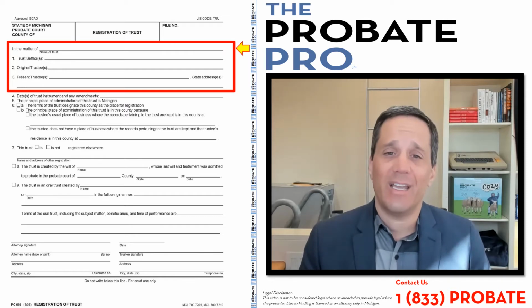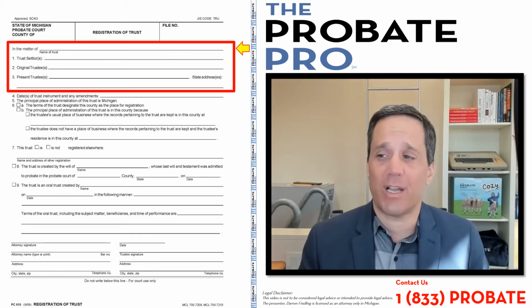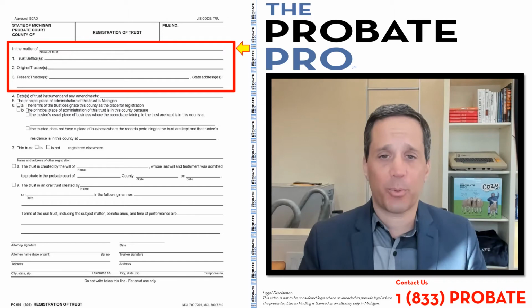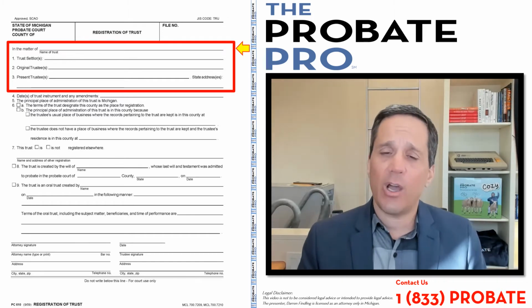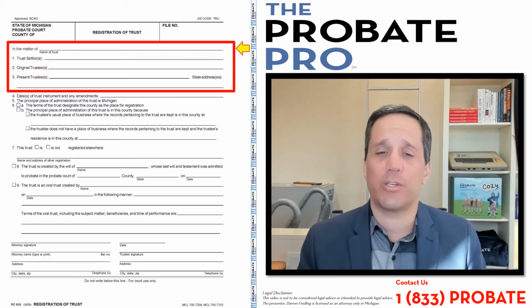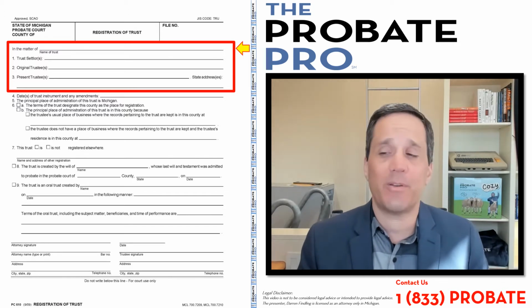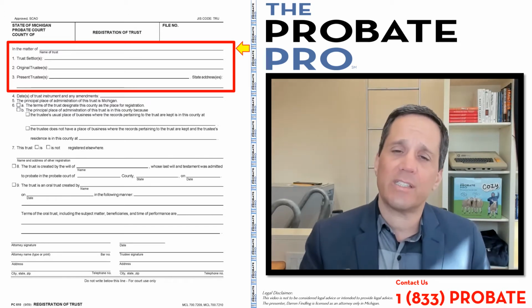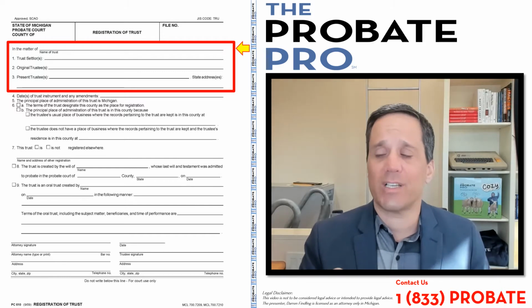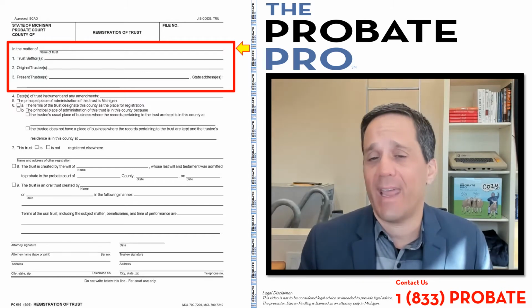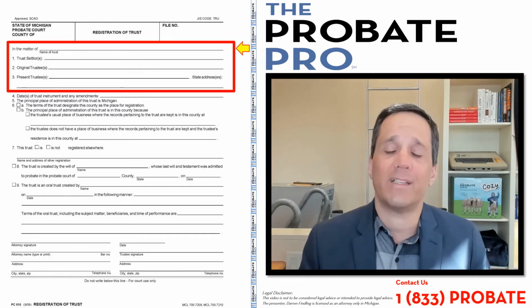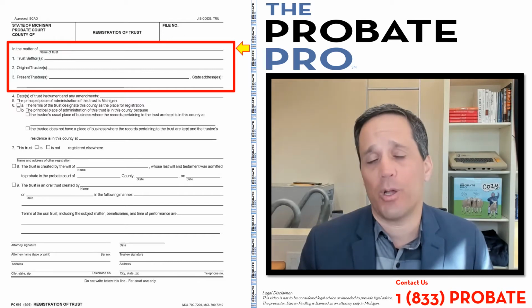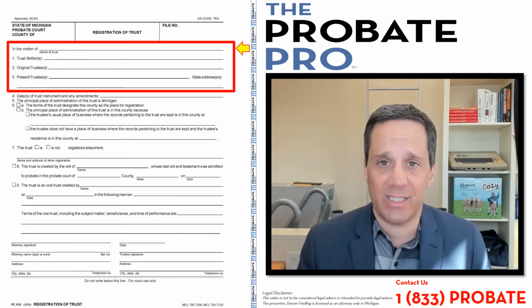The settlor is the individual who created the trust, and the original trustee is the person, the fiduciary, responsible for administering the trust. Now, often the settlor and the original trustee are the same, but it doesn't have to be that way. Now, if you notice, where it says settlor and trustee, there's a parenthesis with an S. And that indicates, of course, that there may be more than one settlor, maybe more than one original trustee, as well as present trustees.